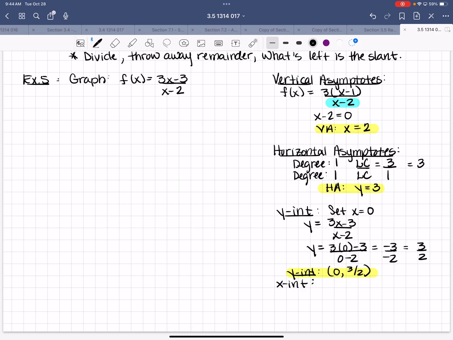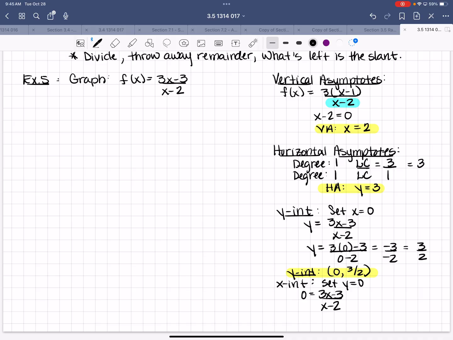Okay, x-intercept: who do I need to set equal to 0? Good. Set y equal to 0. So I have 0 equals (3x minus 3) over (x minus 2). Here's an easy hack when you have a fraction: I'm not worried about what's going on in that denominator.